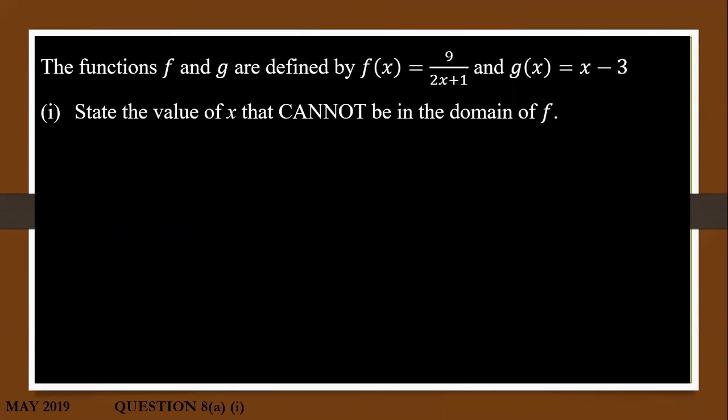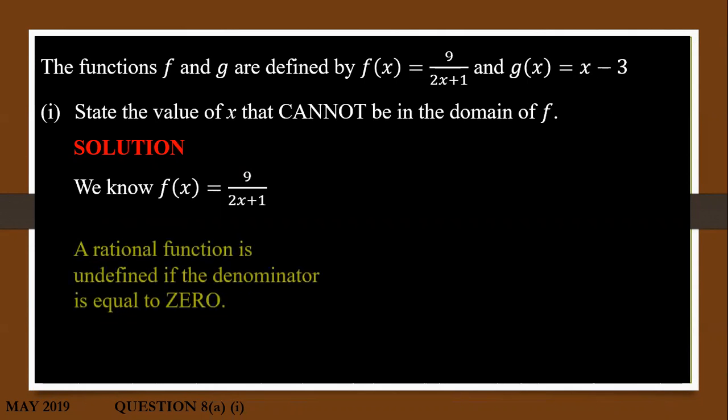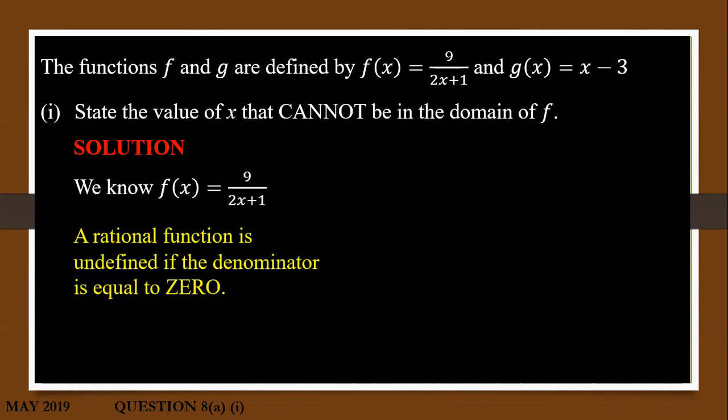Let us look at part 1. State the value of x that cannot be in the domain of f. We know that f(x) is 9 all divided by 2x + 1. Let us recall, a rational function is undefined if the denominator is equal to 0.